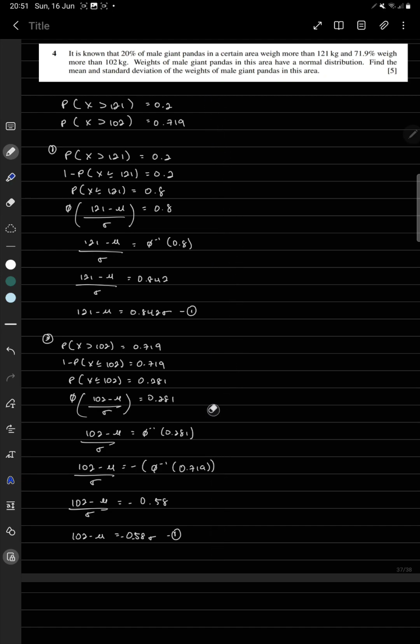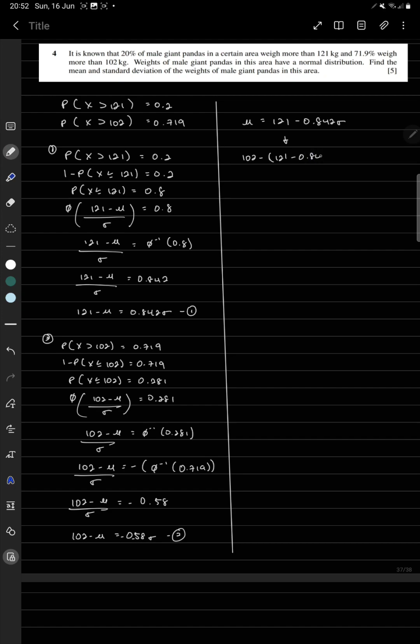Since we've already found the two equations, we can proceed with simultaneous equations by the substitution method. Using the first equation, I will make the mean the subject, and that gives me 121 minus 0.842 standard deviation. Then I'll substitute this into the second equation: 102 minus (121 minus 0.842 standard deviation) equals negative 0.58 standard deviation.